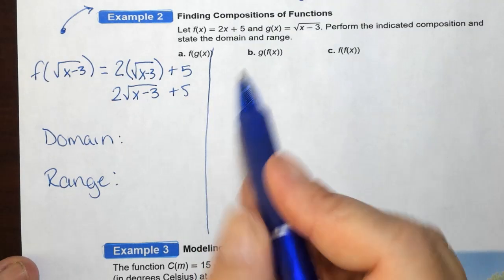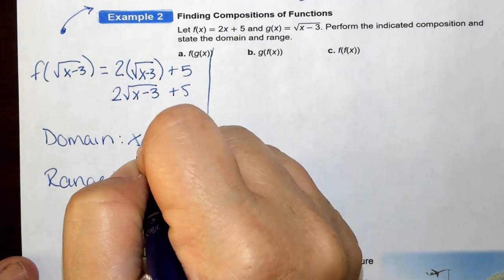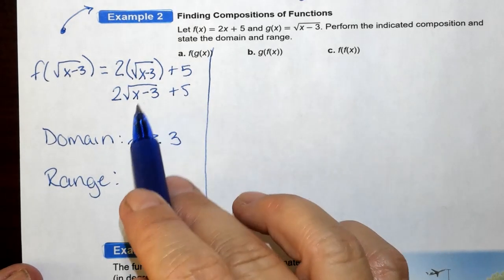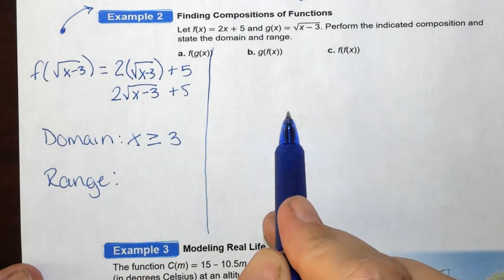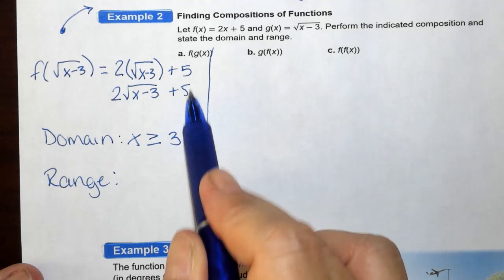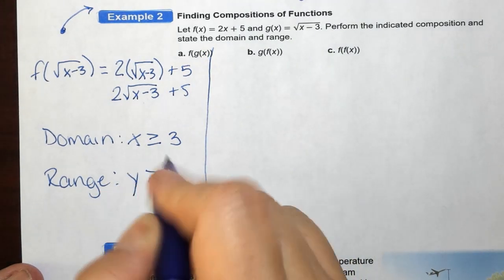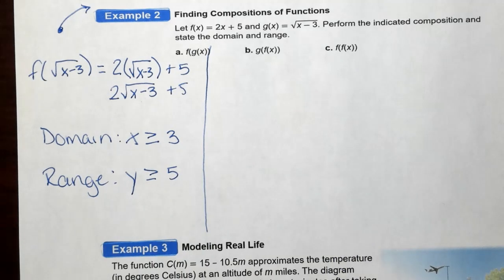So because of that, your domain would be all values that are equal to or greater than 3 because you started at 0, you moved it to 3. You started at 0, you moved up to 5. So your range is all values that are greater than or equal to 5. All right, so hopefully, if not, like I said, all else fails, you graph it, get the information from there.